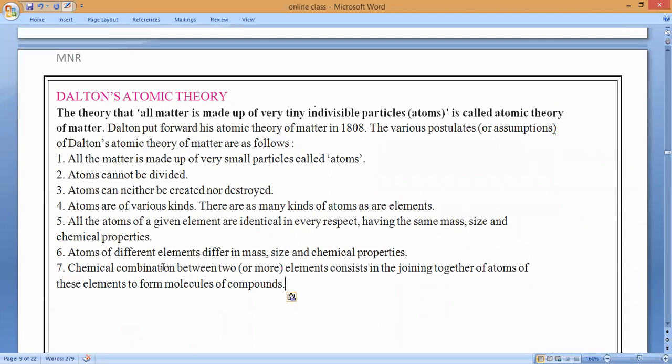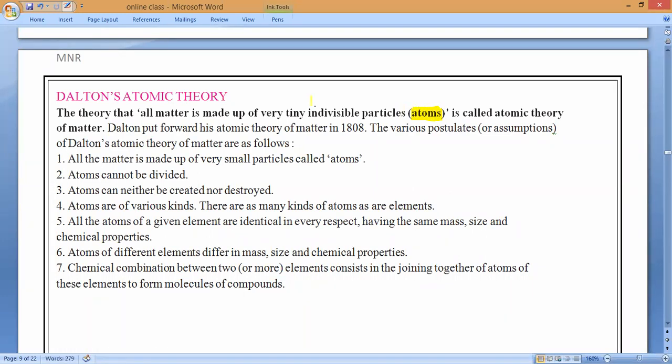So now let us discuss Dalton's atomic theory. That is what it is saying. Every matter is made up of smallest, tiny individual particles. What are these individual particles called, everybody? Atoms. Atoms. Okay.